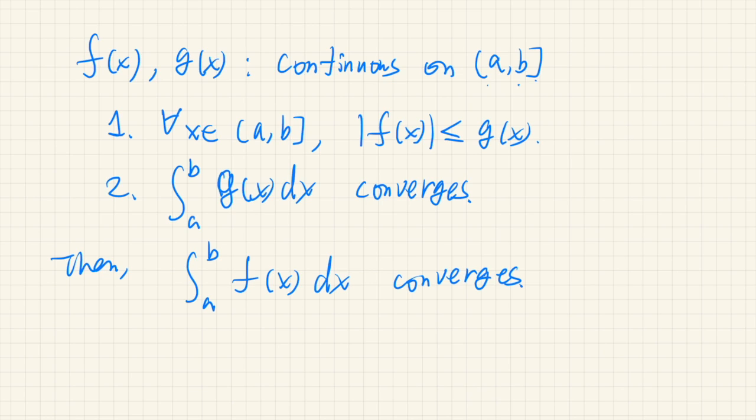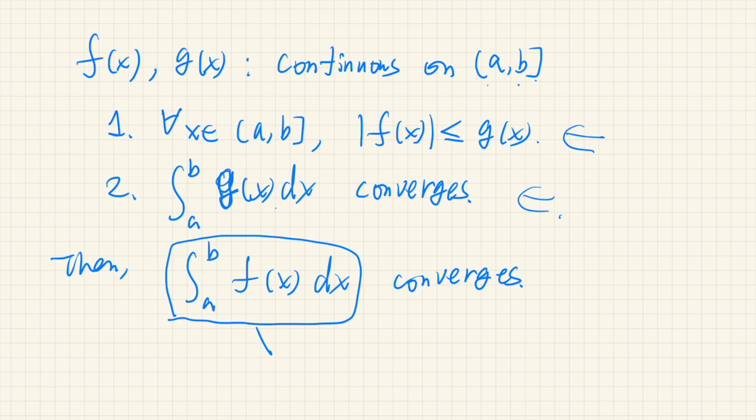So this means that even if we are not able to calculate this integral explicitly, if we know that these two conditions are satisfied, so we know that the integral of g of x converges, then we can tell that at least this integral converges, so it doesn't diverge.